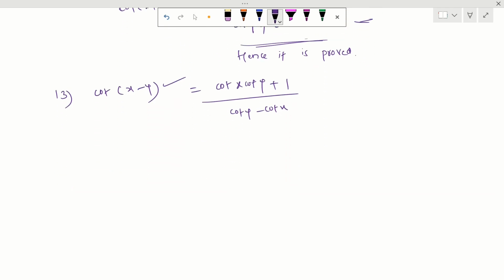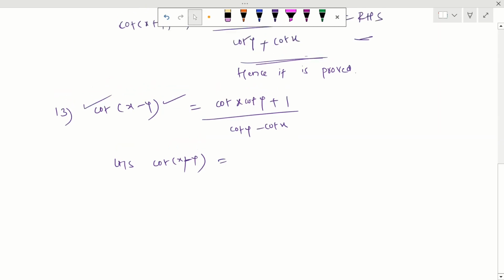So to prove this one, we take the LHS, cot x minus y. Suppose in your examinations this is asked, then you have to write the cot of x plus y expression, as the previous expression we have written.